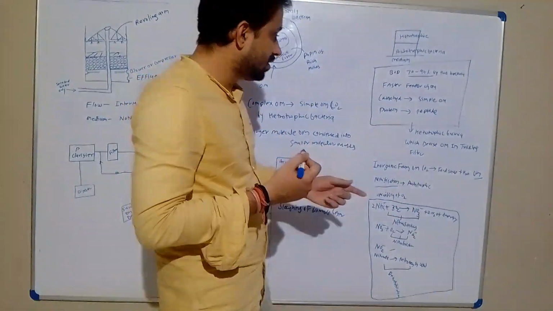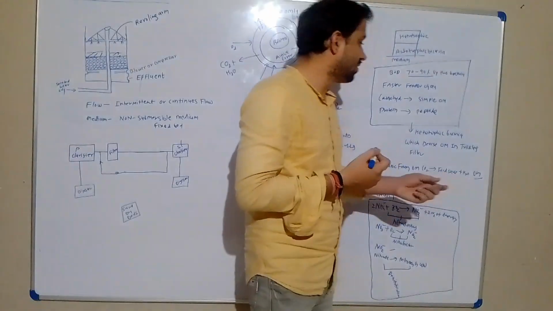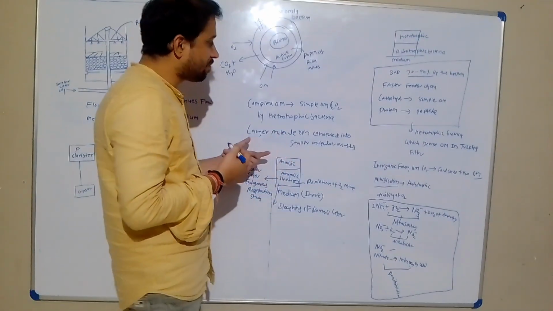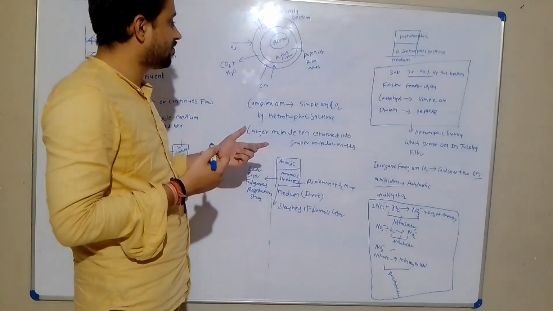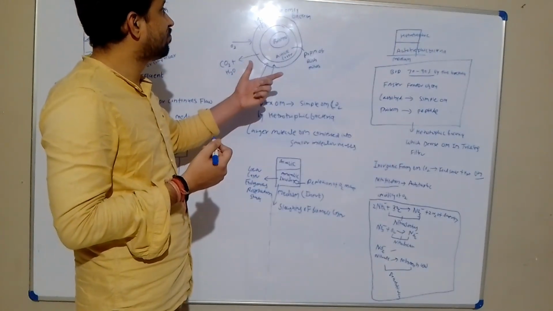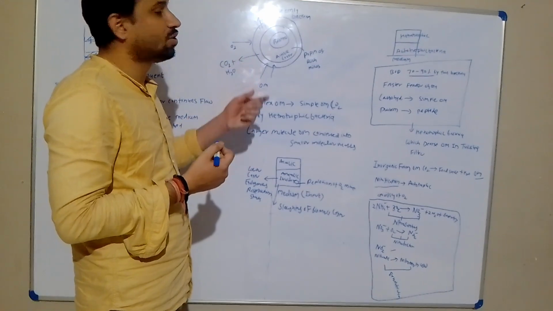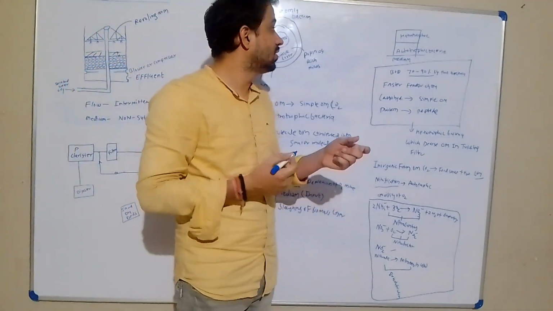So this efficiency has to be up to a mark. We have to be concerned with the frequent removal of the biomass layer which is grown over the existing biomass layer.